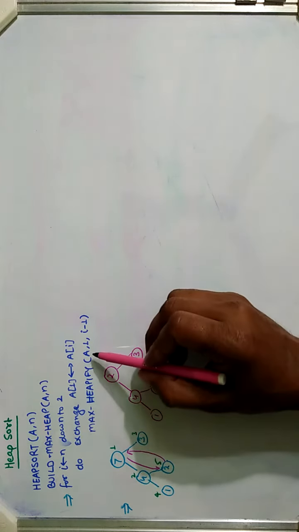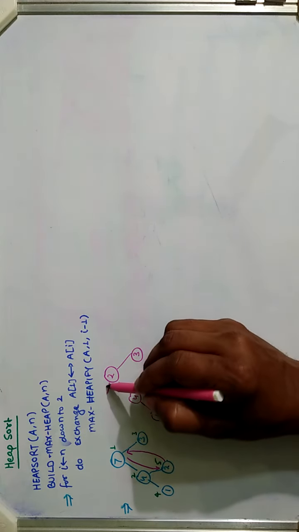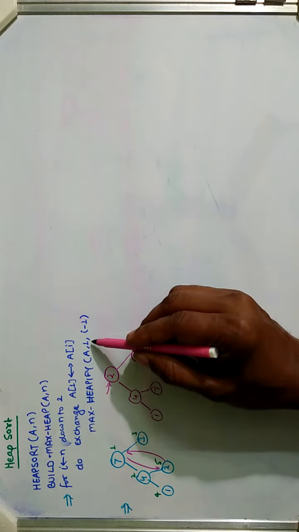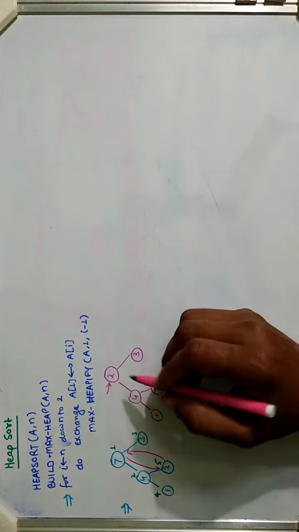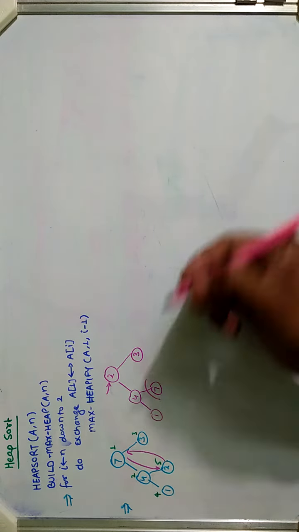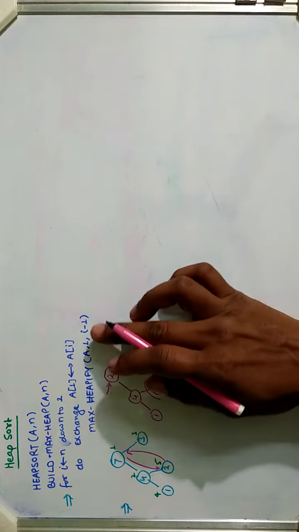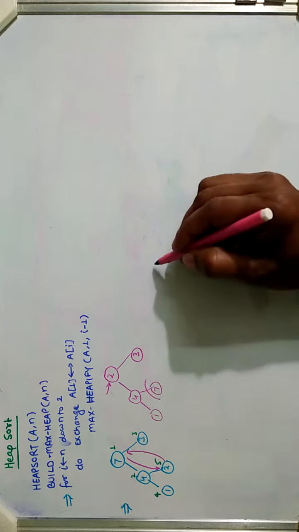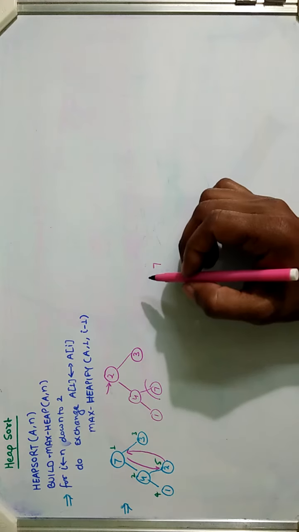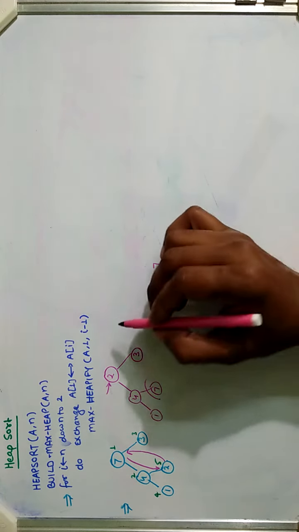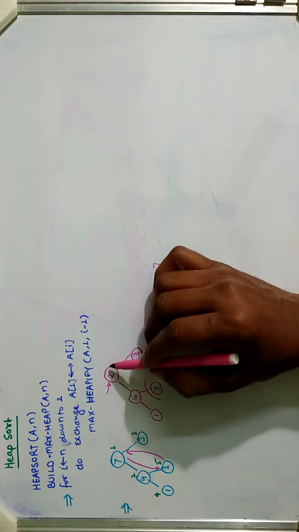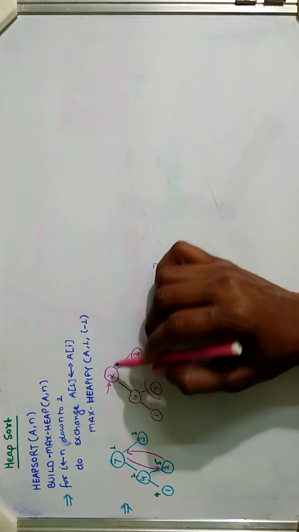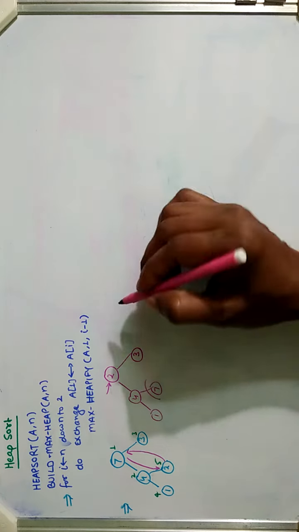Then we call the maxheapify function on the root, because A[1] is this one, with the lesser heap size. So this element is now removed from the heapify procedure, and 7 is assumed to be at its right place. Then we apply the heapify procedure on the root element 2.